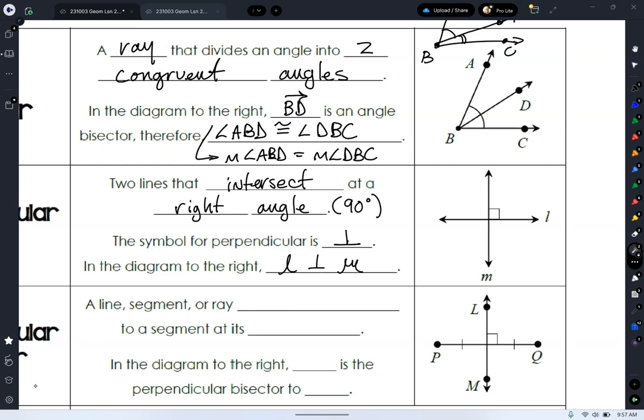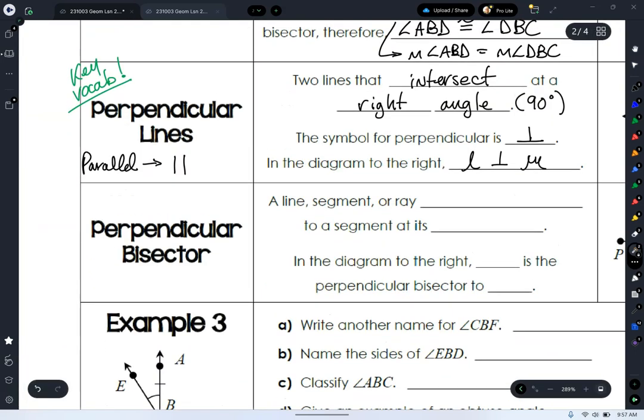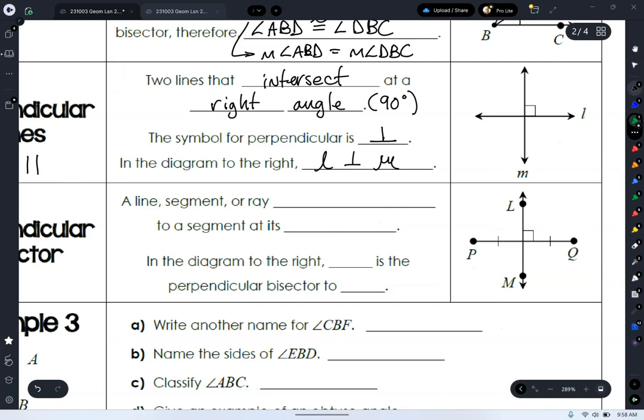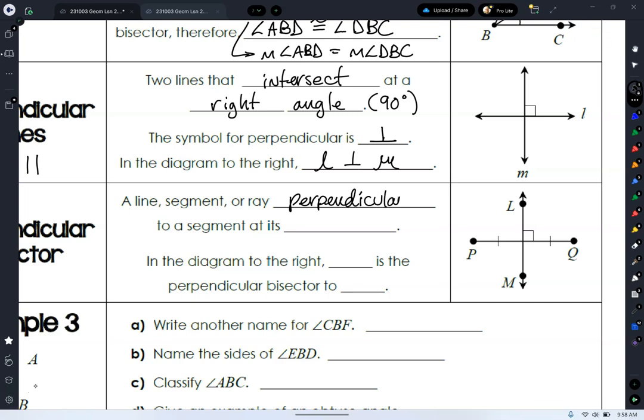This concept is so critical to so much of what we're going to see in terms of relationships. And this is the idea of a perpendicular bisector. Key vocab. Now just take these two words that we've been working with and put them together. A perpendicular bisector is a line, a segment, or a ray that is perpendicular to another line, segment, or ray.